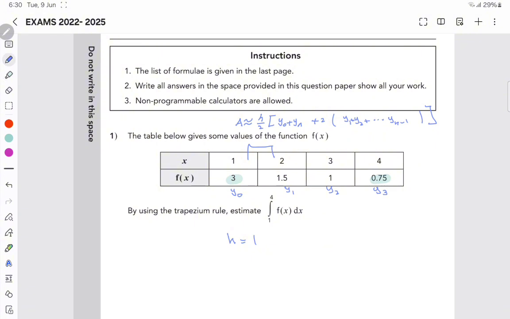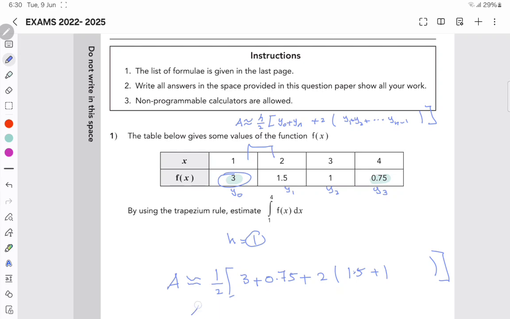So now just apply the formula. Area is approximately equal, not exact, to the value of h, 1 over 2, open bracket, the first value of y, 3, plus the last value, 0.75, plus 2 times the sum of all between. What is between 3 and 0.75? 1.5 plus 1.